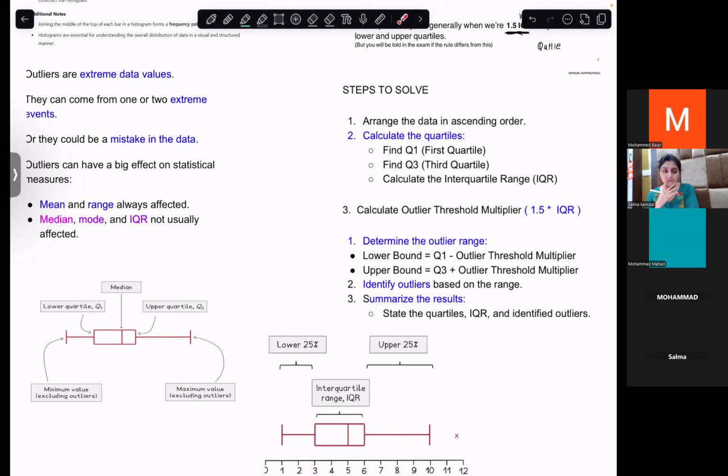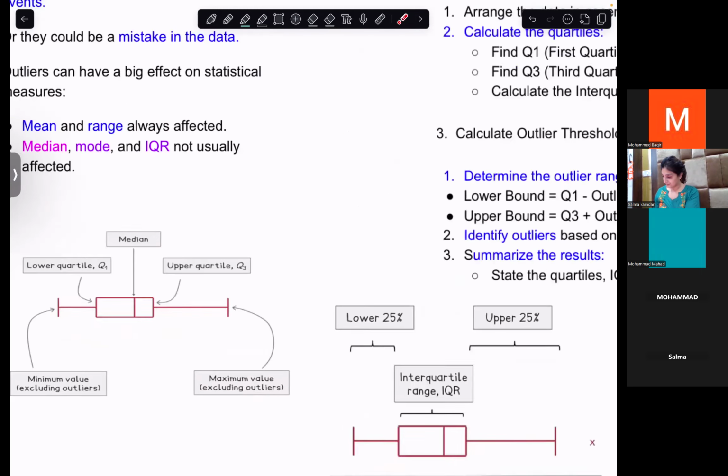Statistical measures are mean, median, mode, IQR, and stuff like that. Okay, so because of outliers, what things get affected? Because of outliers, mean and range are affected, since the mean and the range are affected by extreme values.